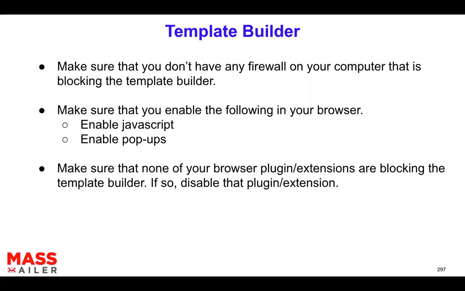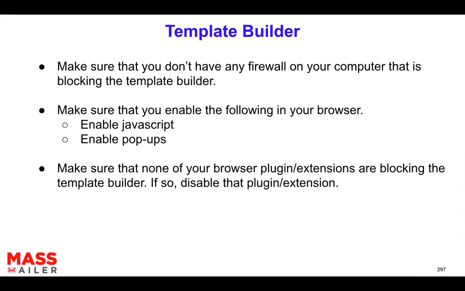And if you have any browser plugins or extensions that are blocking the template builder, you can disable all the plugins or extensions and then try the MassMailer template builder. If it loads, that means there's a problem with one of the plugins or multiple.